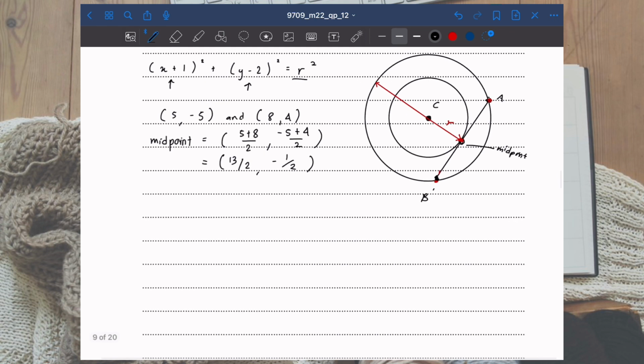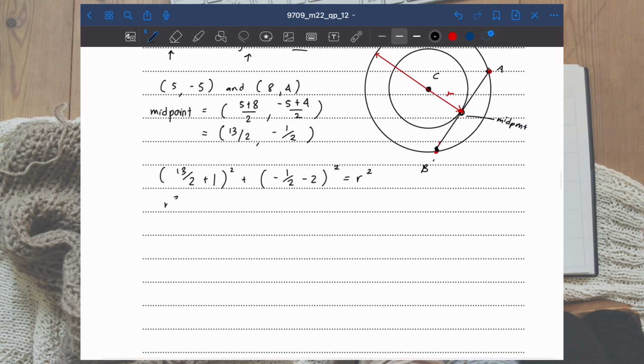So our x is 13/2 plus 1 squared plus (-1/2 minus 2) squared will equal r squared. So just use your calculator to find this value, and our r squared will be 125/2.